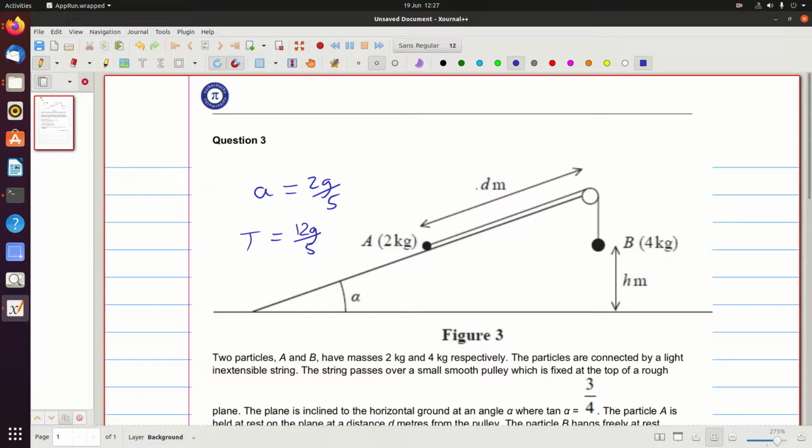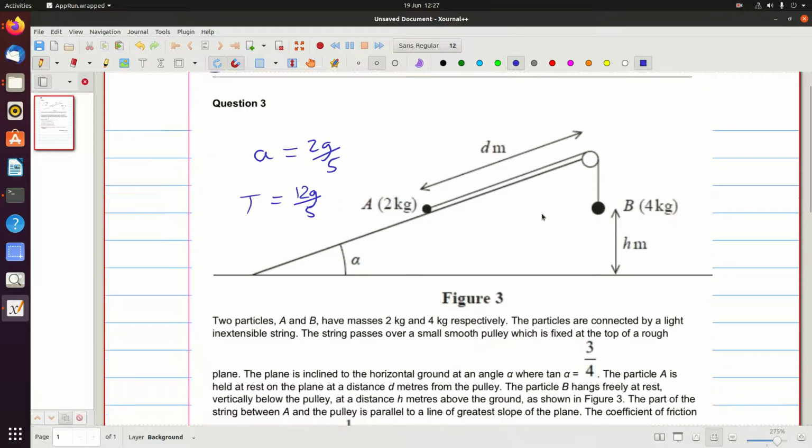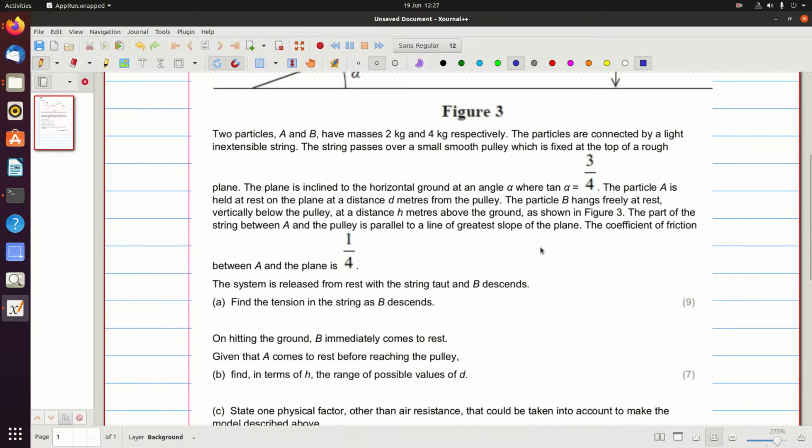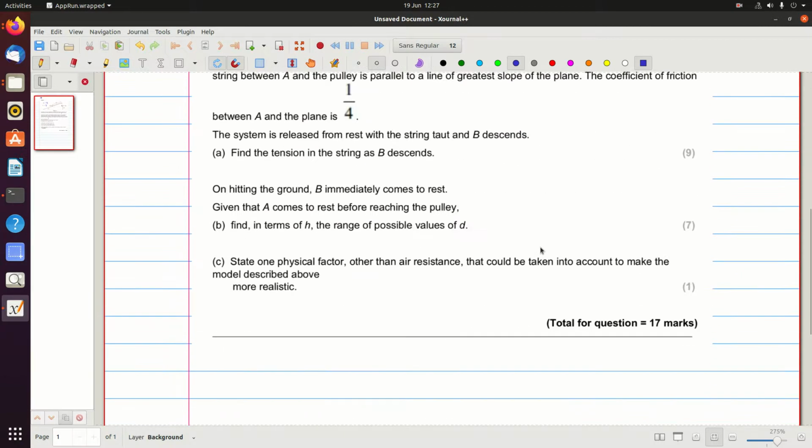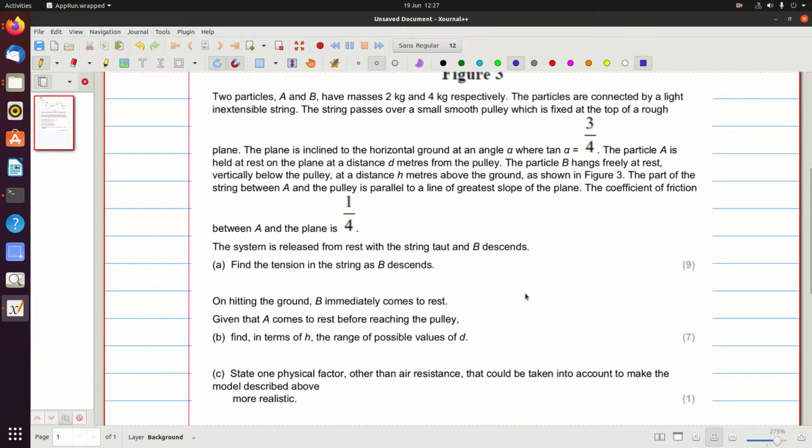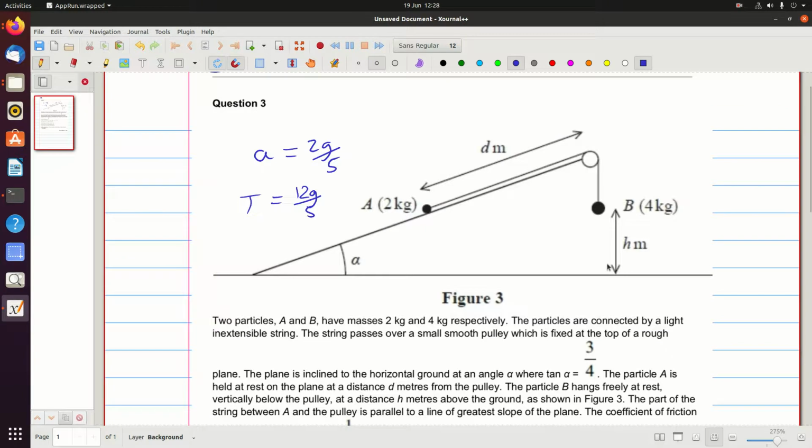It's the a I really need actually though, because for part B, you've got to realise that when you get asked these kinds of questions, there's a stage 1 and a stage 2. Stage 1 is where B falls to the floor. What stage 1 allows us to do is find the speed of B just before it hits the floor and the system changes.